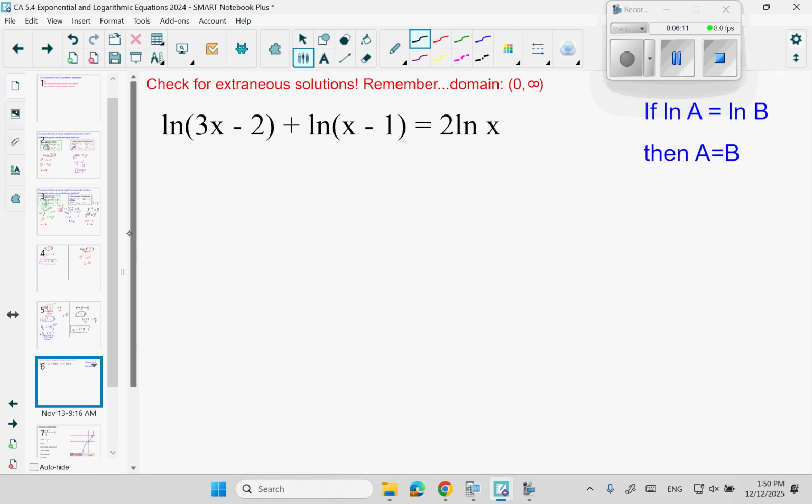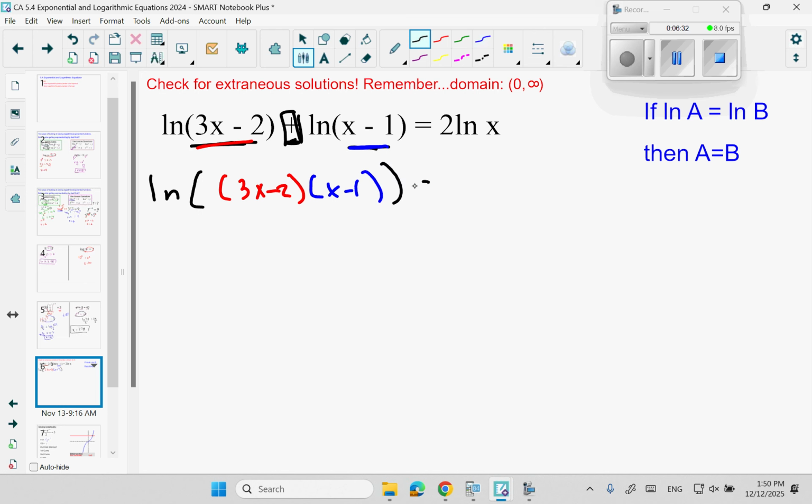Okay. Here I am adding, so remember for condensing earlier, I'm adding, which means I have to multiply the insides. Equals, and I'm going to put this 2 up top. So from the power rule, x squared.